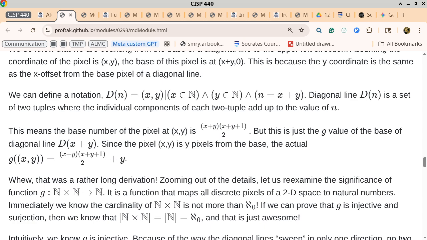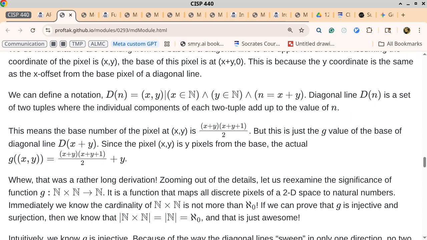And I claim that this function is a bijection. In other words, you give me any two-dimensional space coordinate, as long as the x and the y are integers, this will give you a natural number, and that function is bijective. The argument that this function is bijective can be a little bit more intuitive in this case, because if I ask you, can two tiles end up with the same number?